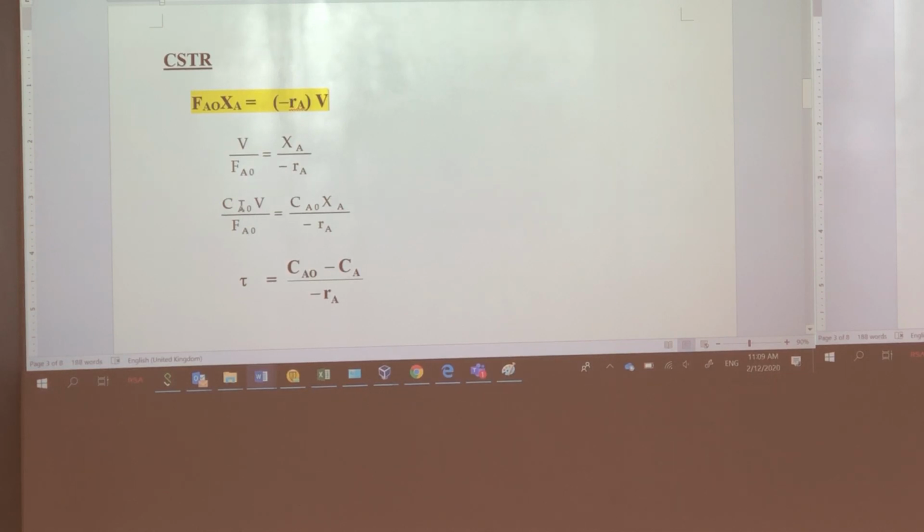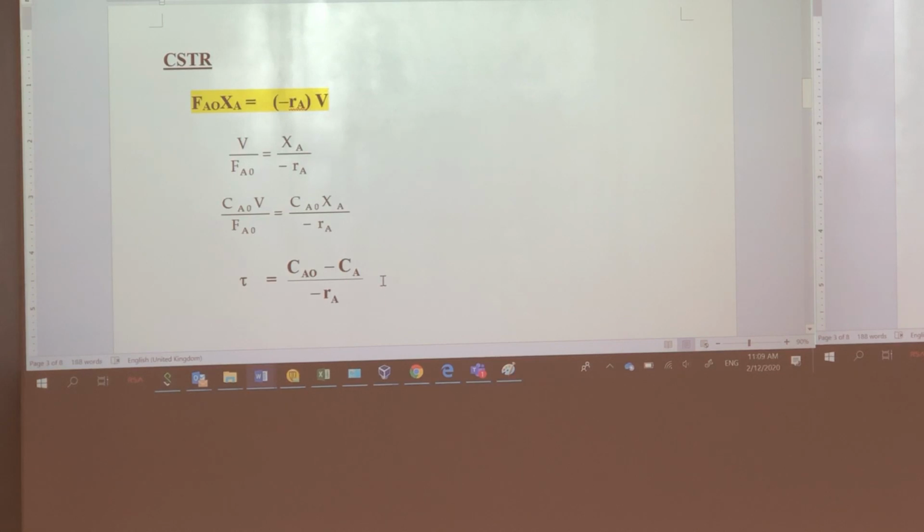See, after you multiply CA0, this side is already tau, right? Then this side is CA0 minus CA. Then below here is the reaction rate. So these few steps, 1, 2, 3 only.